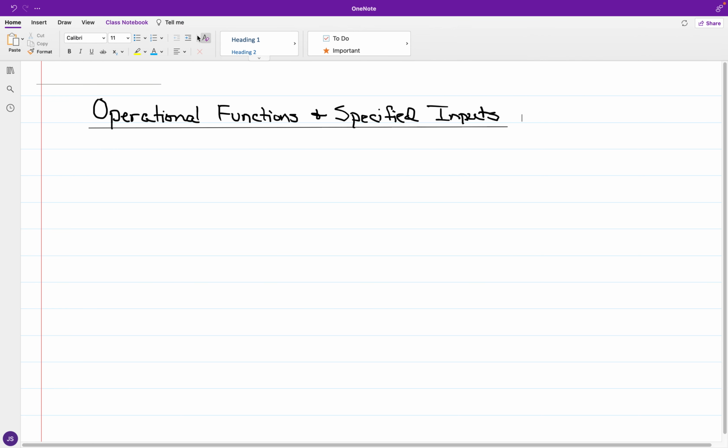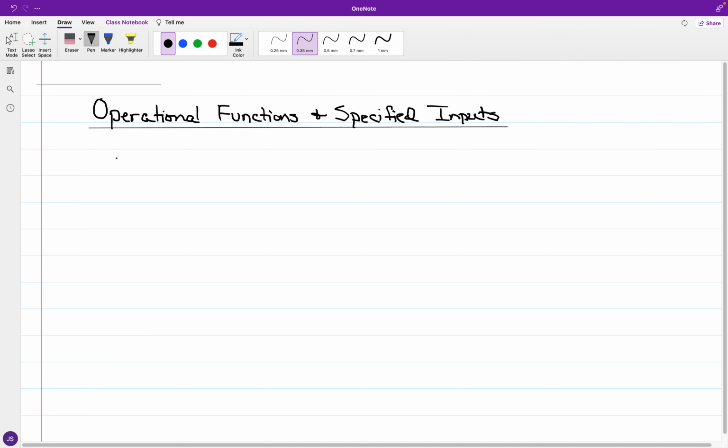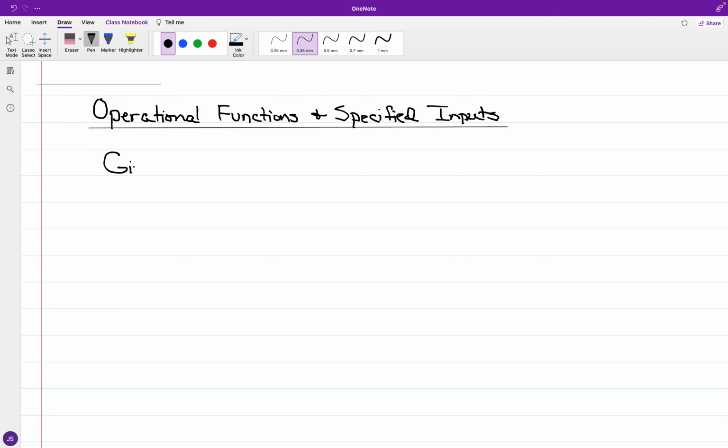And let's say we have not just two, but three given functions. We'll say that f of x is going to be 2x plus 3, and g of x is going to be x minus 3.